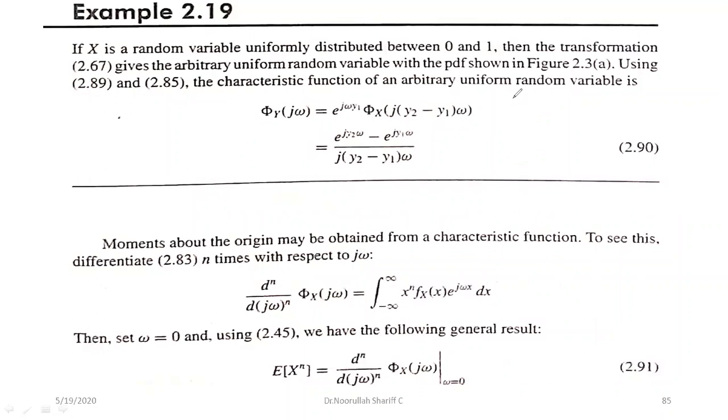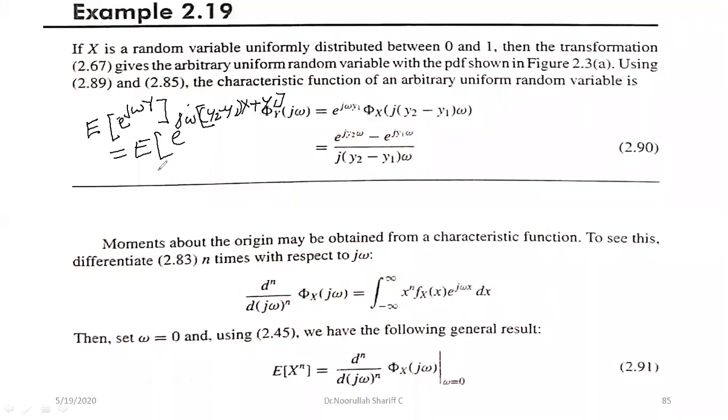So this will be E[e^{jωy}], which is equal to E[e^{jω((y2 − y1)x + y1)}].